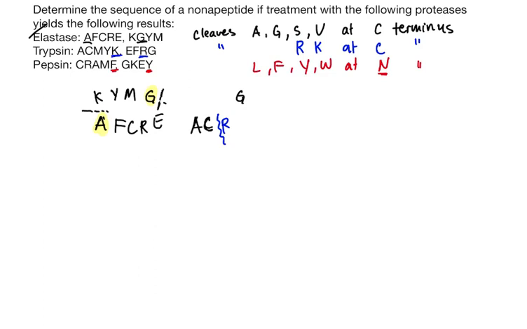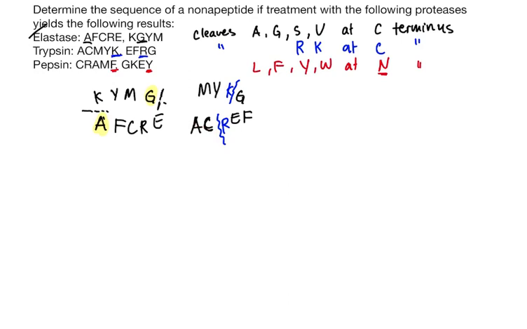It should contain your E, F, and G. So I have E and F, and I would also have K here, so I can cleave off, forming my tetrapeptide over here. And this is my tetrapeptide. I would also form a pentapeptide here. So that would mean that M and Y should be over here.